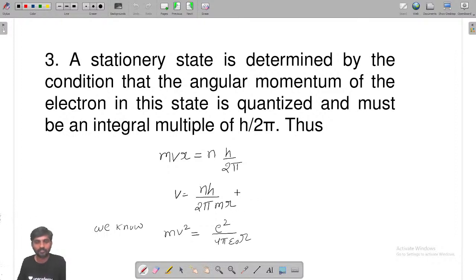Now let's assume this is equation 1 and substitute this v value here.